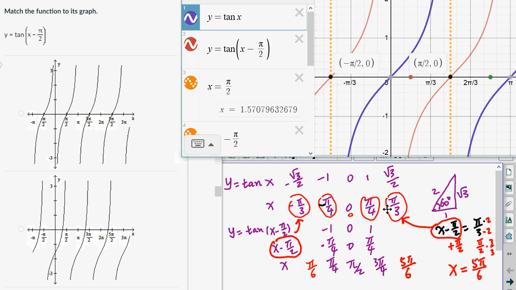When x is pi over 3, the value of tangent x is radical 3 over 2. Okay, so when the x value is pi over 3 here, the y value is radical 3 over 2.